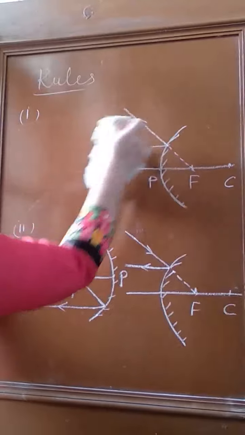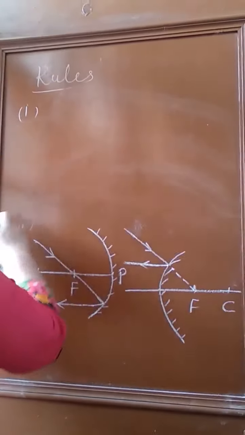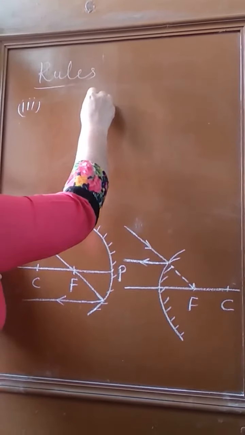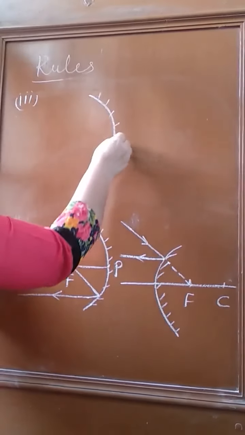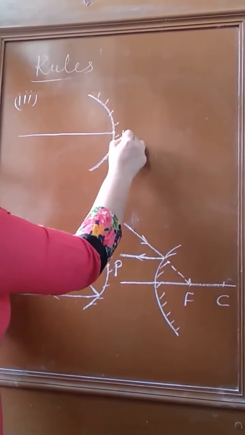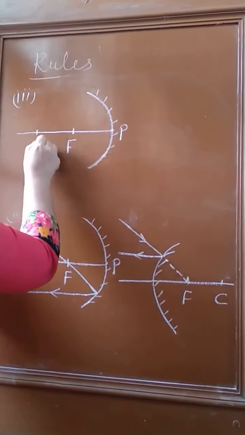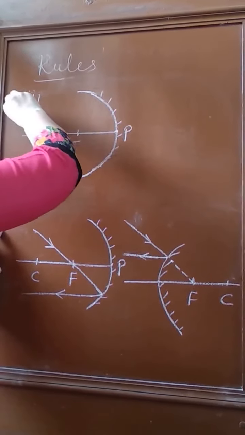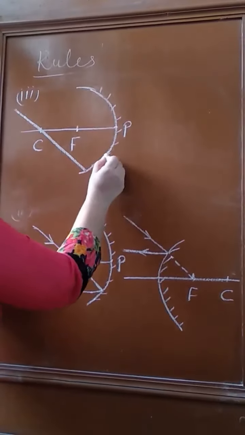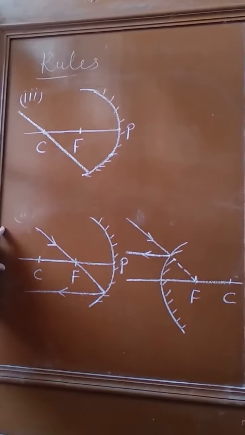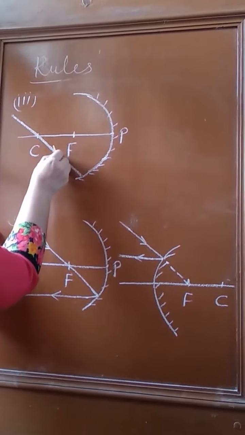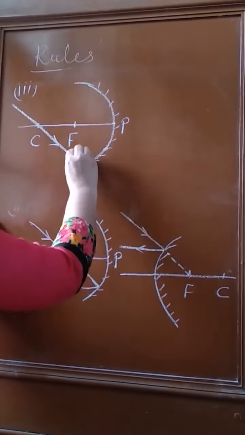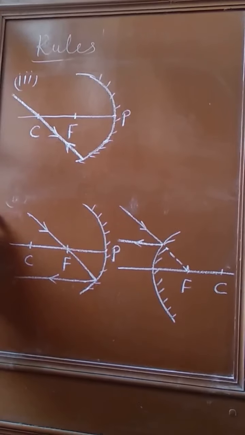Now the third rule is when a ray of light passes through the center of curvature and is incident on the mirror, it goes back in the same straight line.